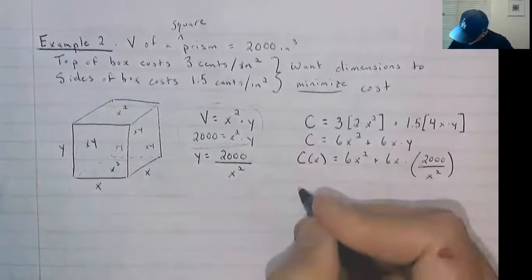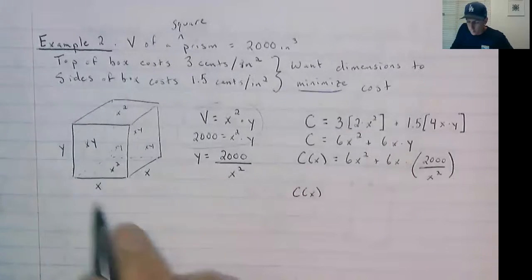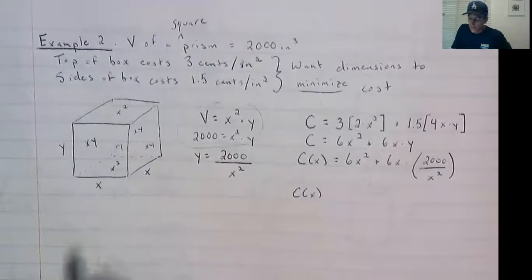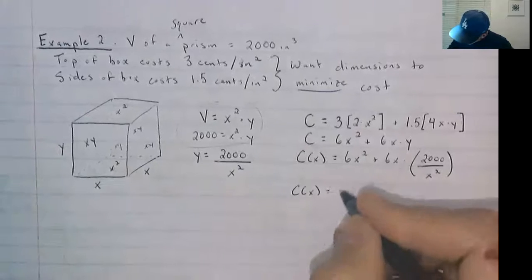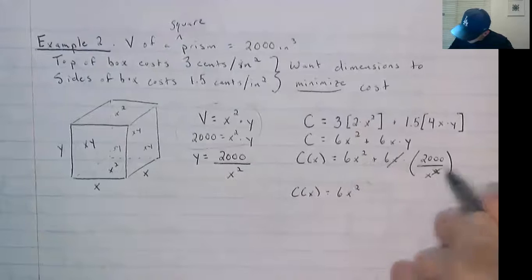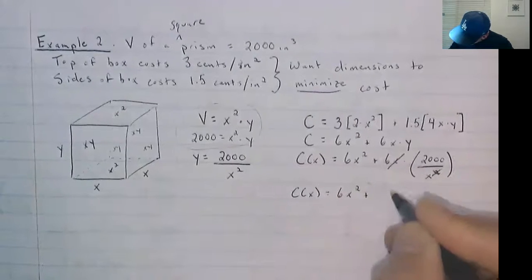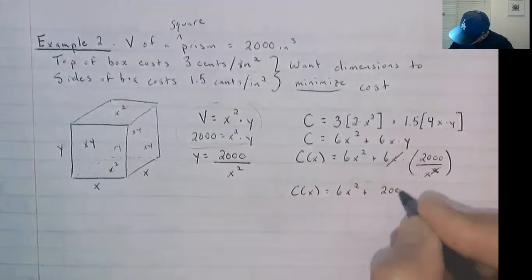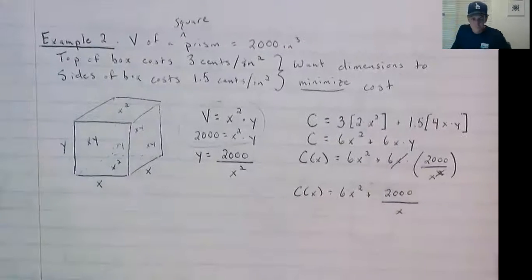Which means that our cost in terms of x, the dimension of our base, is 6x squared. The x will cancel with one of these, plus 20,000 divided by x.